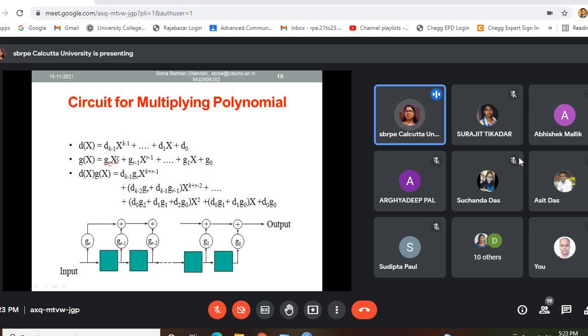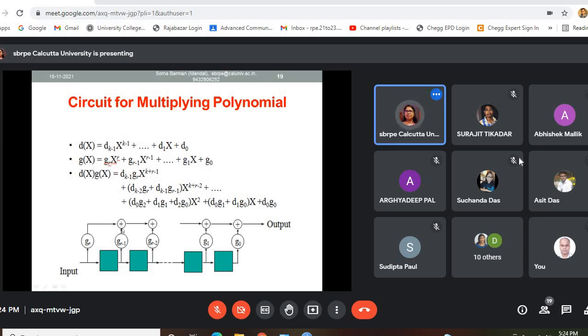So your C(x) will be D(x) into g(x), just the multiplication of D(x) and g(x). G0 will be multiplied with D0, the next one will multiply with the next term, and these are added.